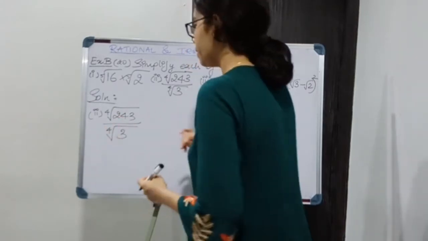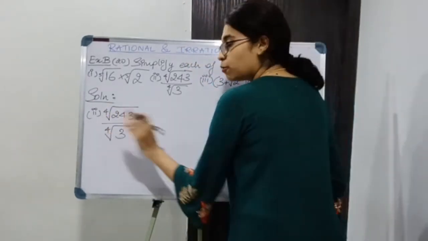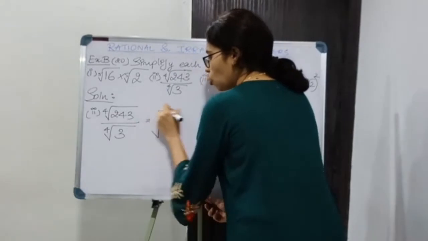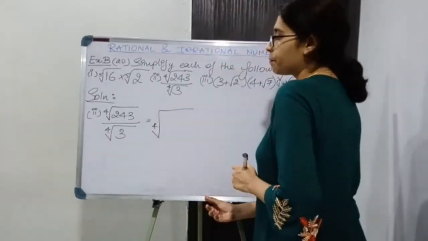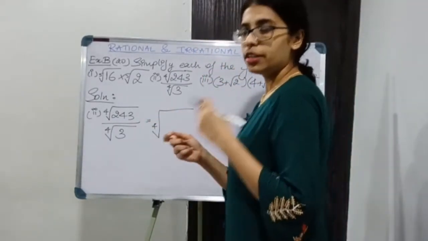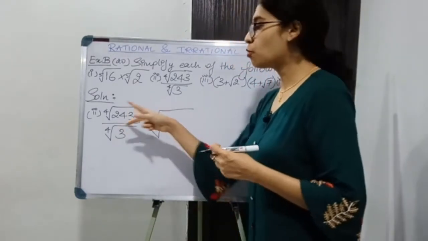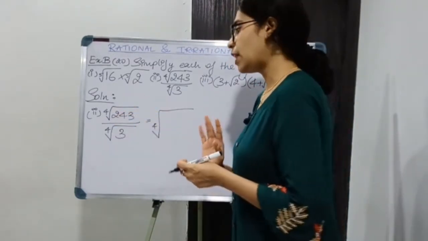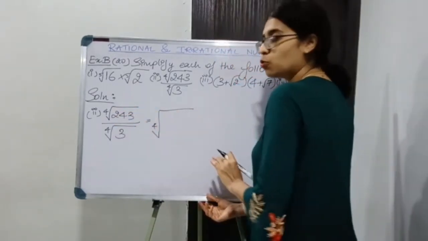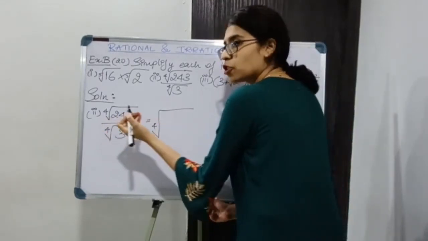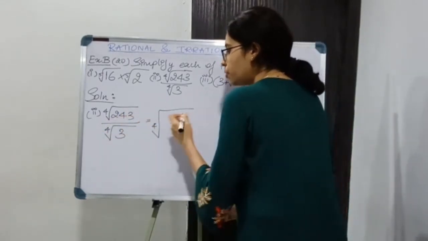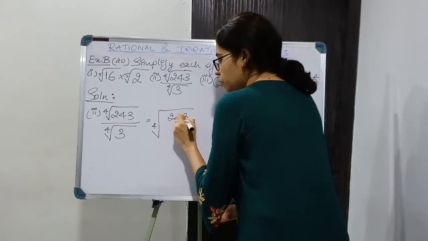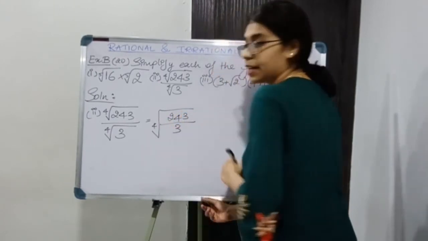The root over here is 4th root and 4th root, so I can take common root. In multiplication and division you can take common root if both root values are the same. So I have 4th root on both numerator and denominator, so I can take common 4th root. So it will be 243 divided by 3.